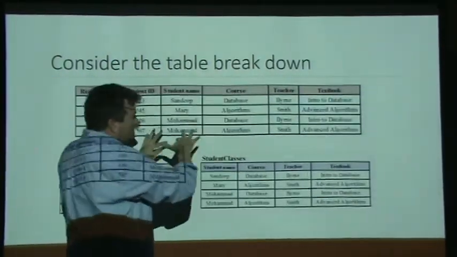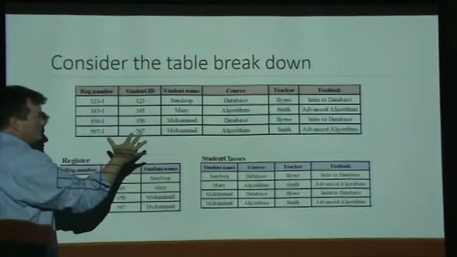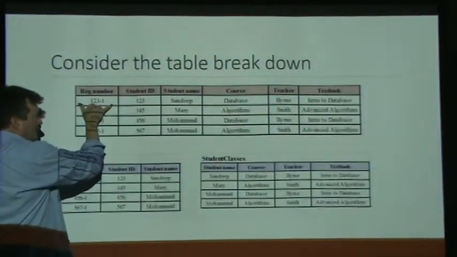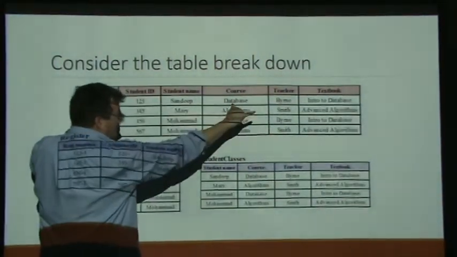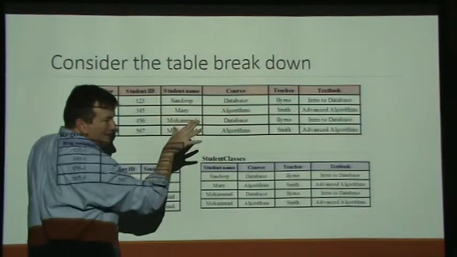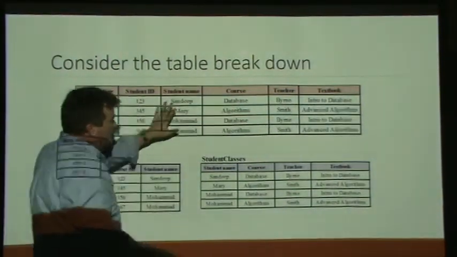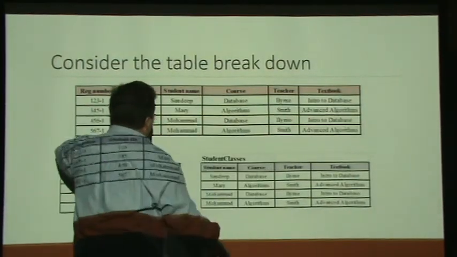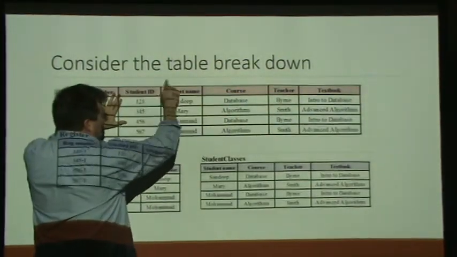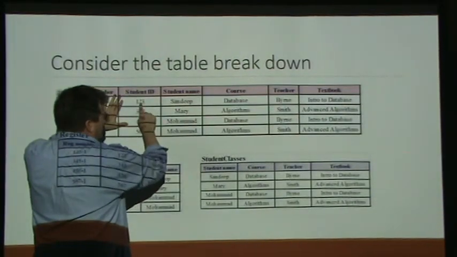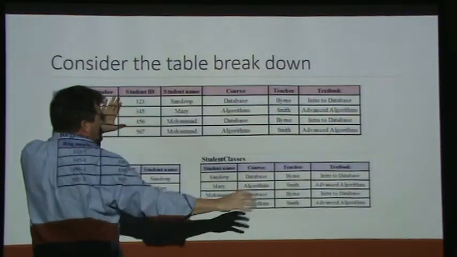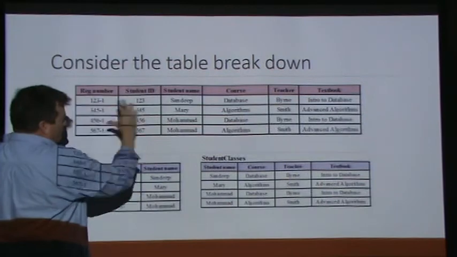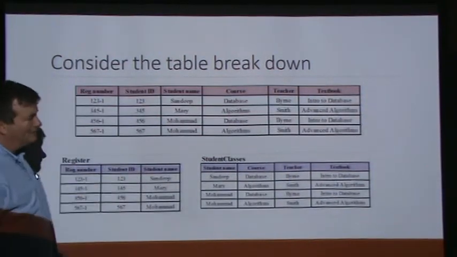We shouldn't have that scattered all over the place. In Boyce-Codd normal form, there should be one column that uniquely tells you everything else, and nobody else is dependent on anything. So it's like saying these last three should be broken up into a separate table, and these two together. This student has this name, this should be a separate table, and then using keys to join them all together.